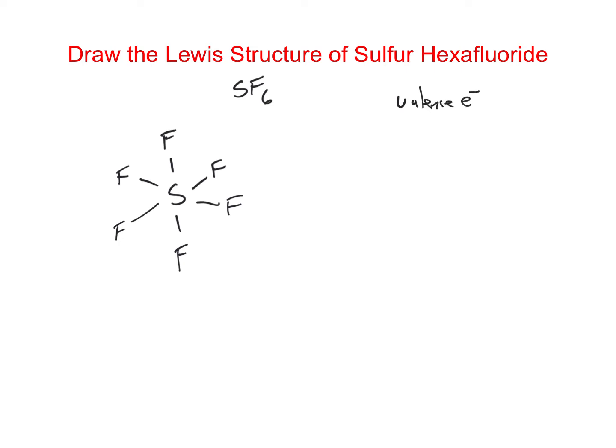For our valence electrons, we have 6 fluorines. Each one of them has 7 valence electrons. So 6 times 7 is 42, plus the 6 from sulfur. 42 plus 6 is 48.